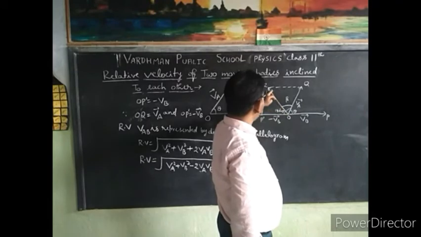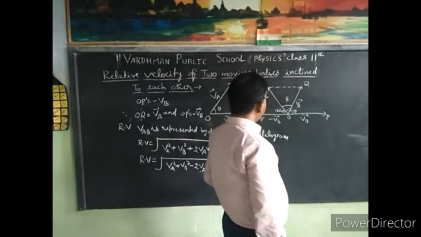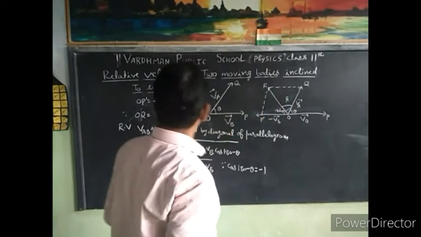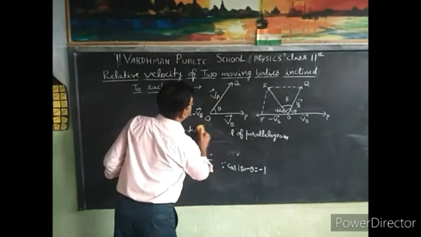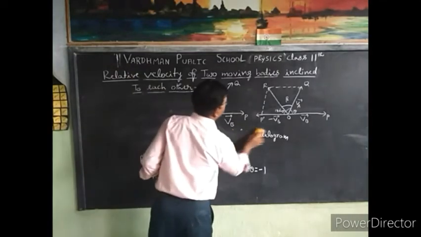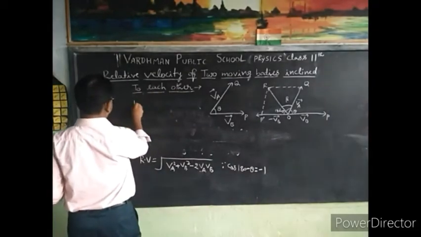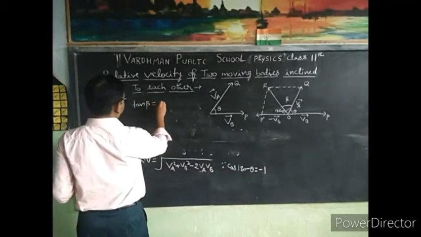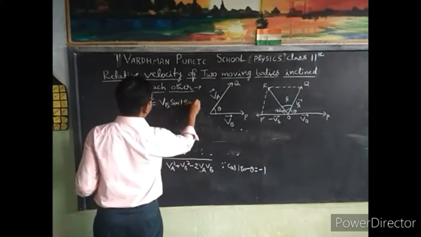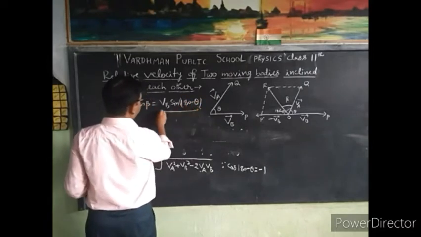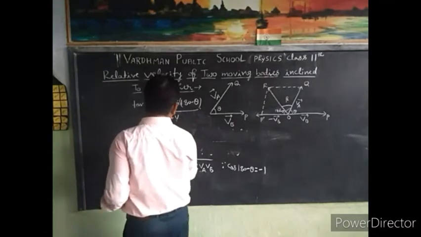Then tan beta is equal to Vb sin (180 minus theta) upon Va plus Vb cos (180 minus theta).